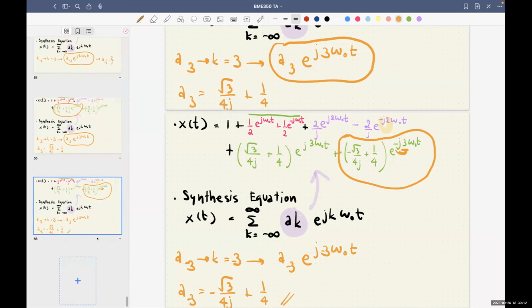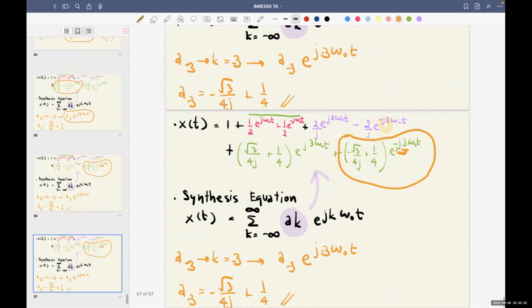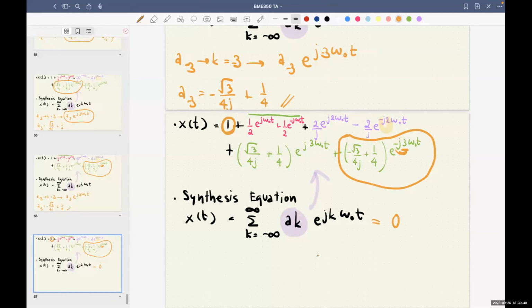Okay. But there's one last term that I haven't covered yet, and I think some of you already pointed that out in the chat. So what about 1 here? What is going to be the Fourier coefficient for 1? In this case, if all of this chunk is going to equal 1, that means we don't have this term anymore, and that means our K is going to be 0.